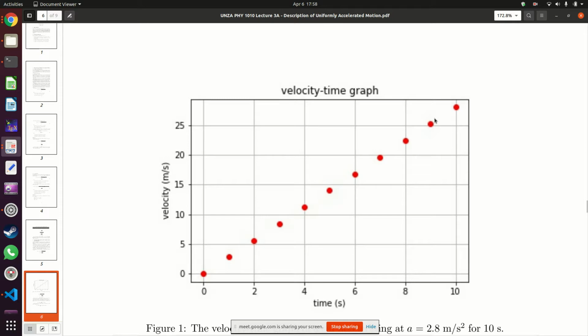When you're dealing with acceleration, the velocity has to change. We are not interested in any kind of motion where the velocity is not changing, because it's boring, because you can predict anything. We are interested in motion where the velocity is changing, but in a predictable manner.